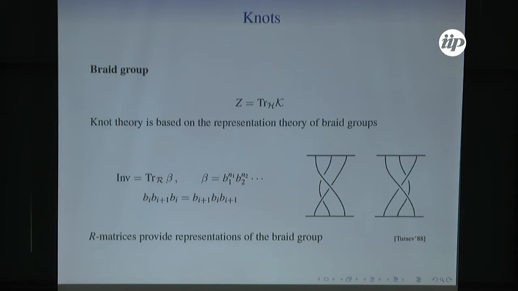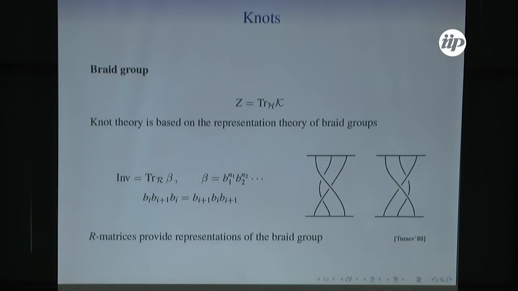And then computation of the partition functions, or Chern-Simons theory expectation values, is equivalent to constructing some representation of the braid group and computing the trace in this representation.